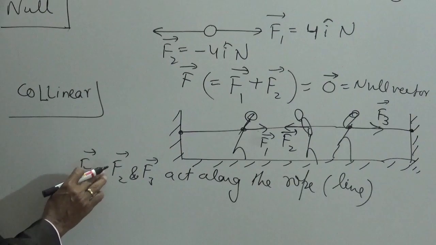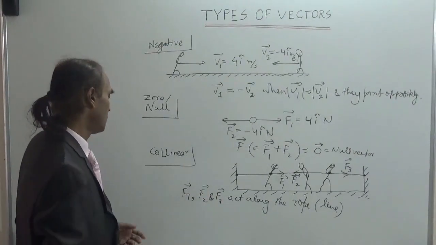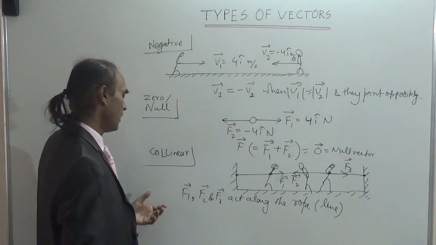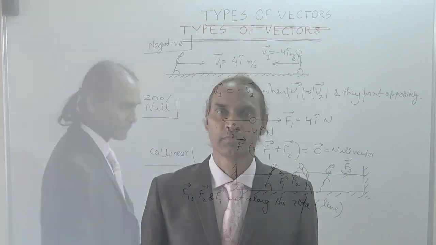Therefore, these three vectors or three forces are known as collinear forces or collinear vectors. The vectors are collinear only when they act along the same line.